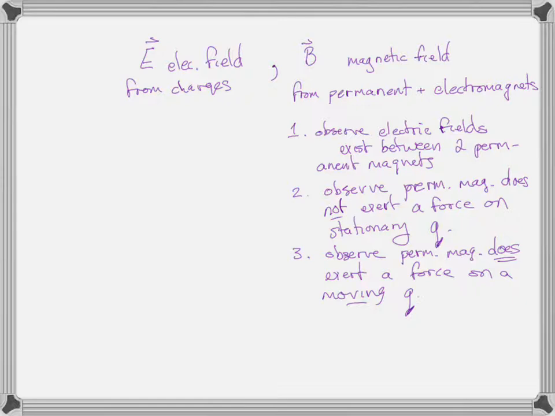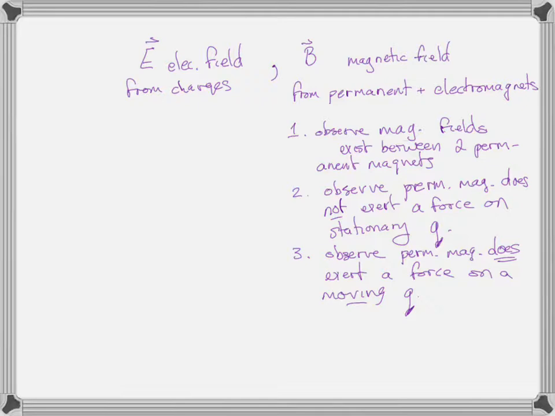Now, we've got to take observation number one and say that, oh no, observation number one is totally wrong, right? Not electric fields. Oh no. Hopefully you caught that. That is a magnetic field. So now we've got to say, okay, observation number one is that magnets exert forces on each other.